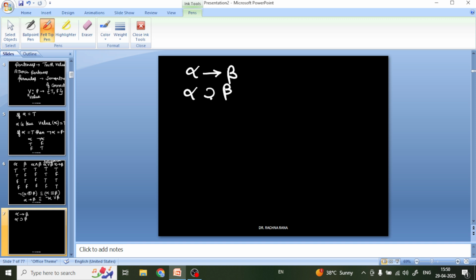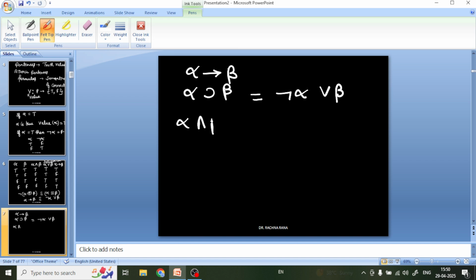You can also use this instead of this symbol, and it is equal to alpha changed into not alpha, and this symbol changed into or beta.